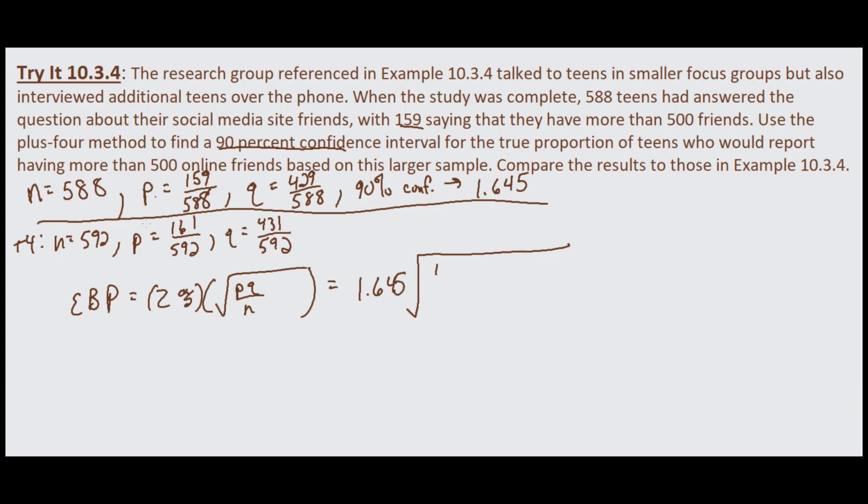I was using the original one instead of the +4. It's 161 out of 592. Our Q is going to be 431 out of 592. And then N, our sample size, is 592. And that ends up being approximately 0.0301.